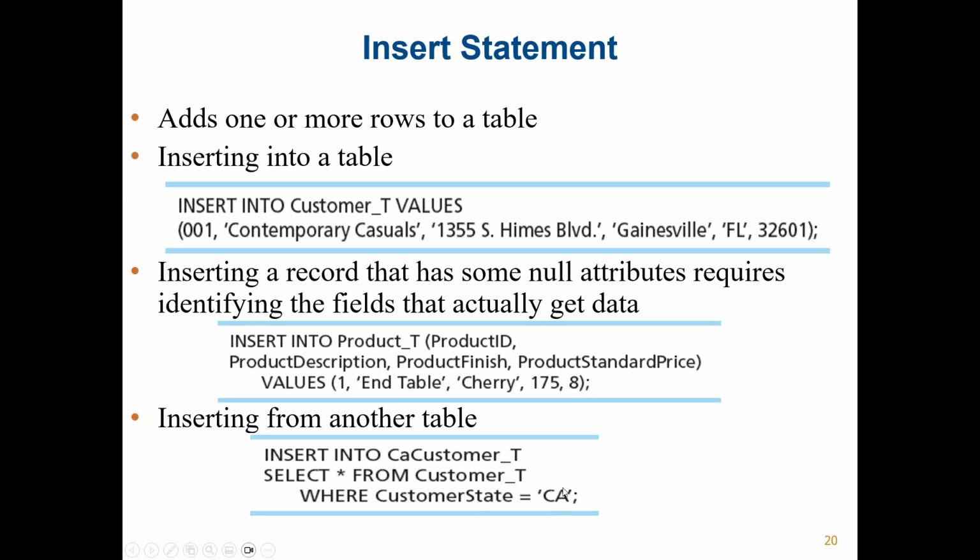So if the customer state is California, we are going to select those records and insert them into the CA customer table, which we are supposed to have already. So the command gets all the data from customer T where the customer state is California, then inserts the data into the CA customer table.